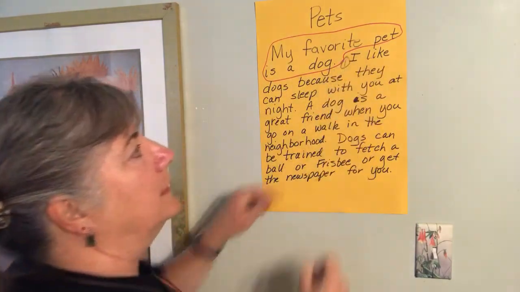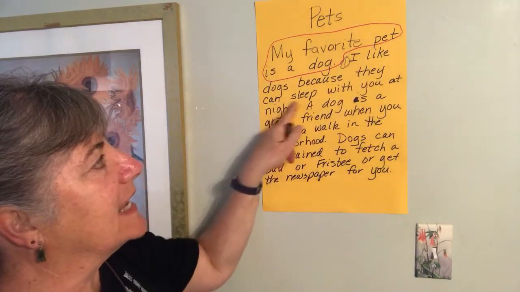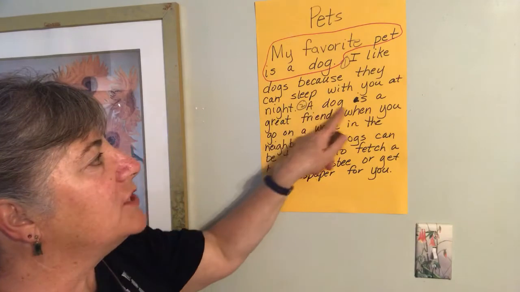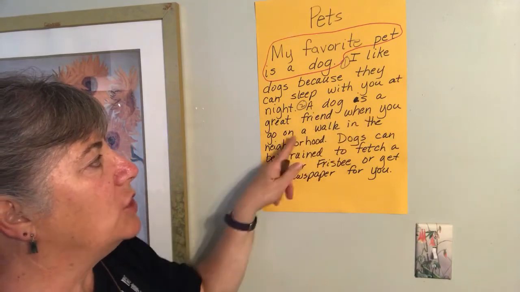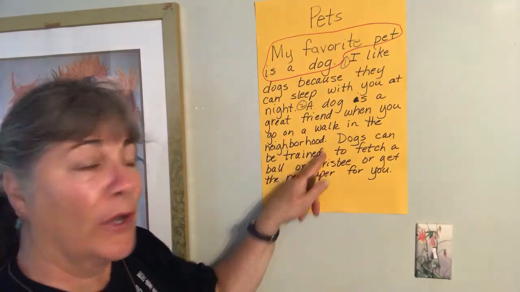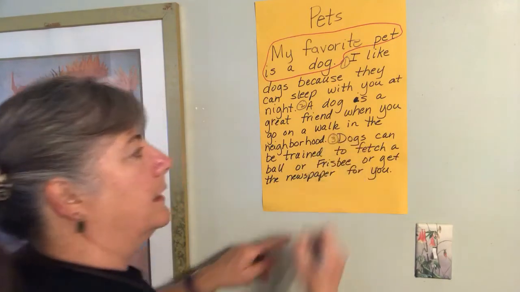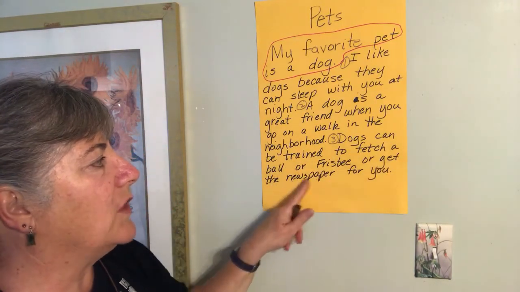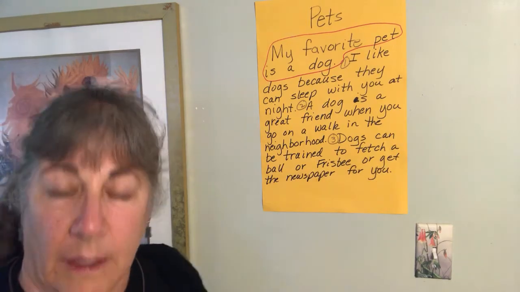Number 1, I like dogs because they can sleep with you at night. Number 2, a dog is a great friend when you go on a walk in the neighborhood. Number 3, dogs can be trained to fetch a ball or Frisbee or get the newspaper for you.